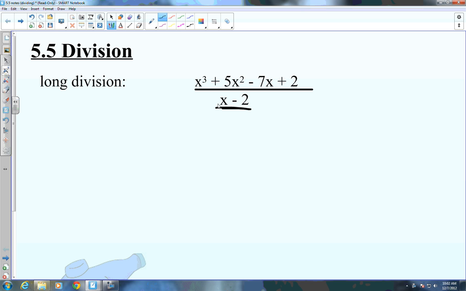So when I have x to the third plus 5x squared minus 7x plus 2 divided by x minus 2, the x minus 2 will go on the outside of the division sign. And the part on the top of the fraction is the dividend, so it goes underneath the division sign.